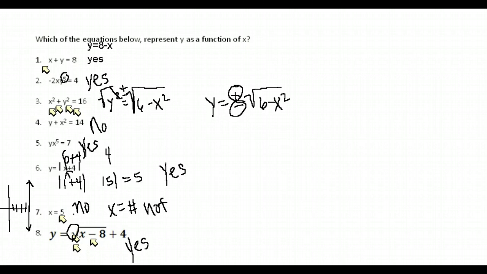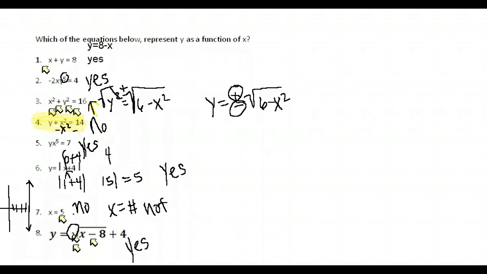I just noticed as I was going through that I skipped this problem up here. So let's do this one right here, because I put that one up there on purpose. It's pretty important. Y plus x squared equals 14.